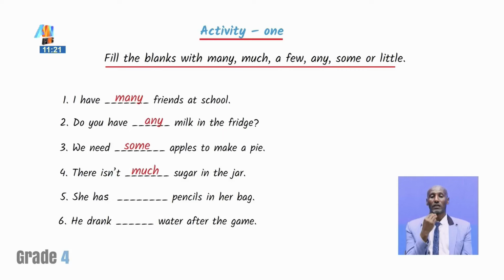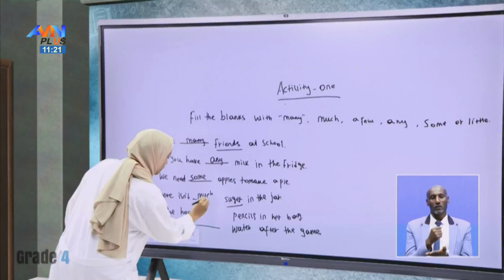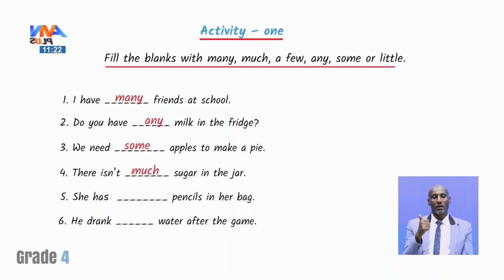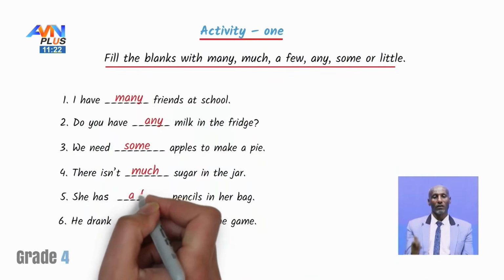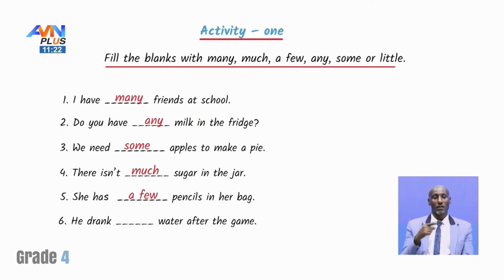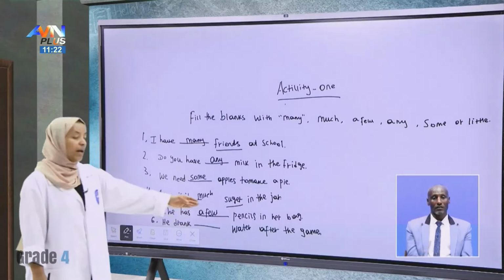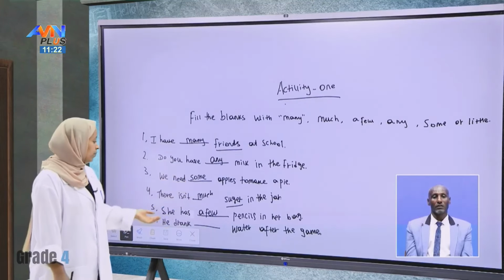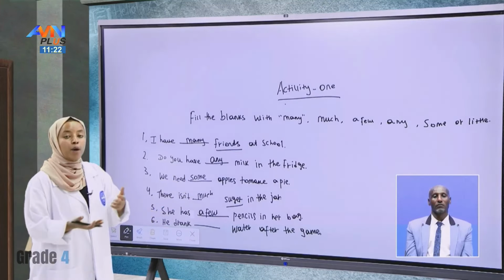So she has a blank pencil in her bag. She has pencils in her bag. We can use a few here. She has a few pencils in her bag. Pencil is a countable noun, but it's not a large amount of them.